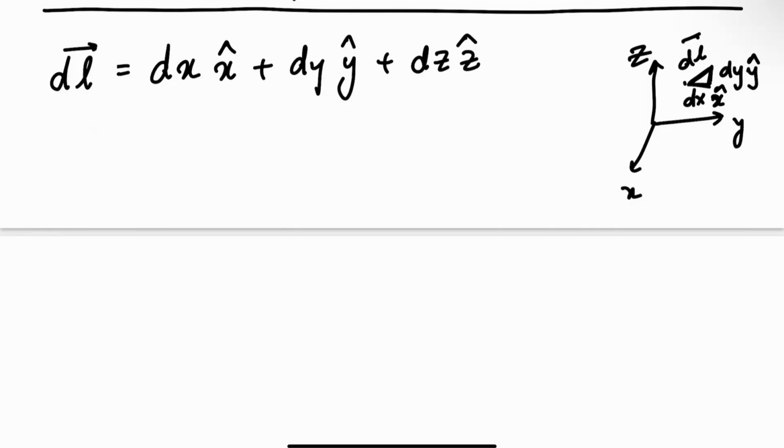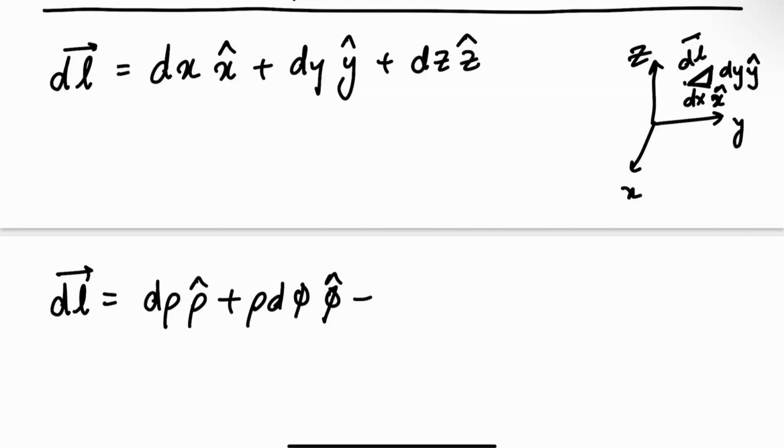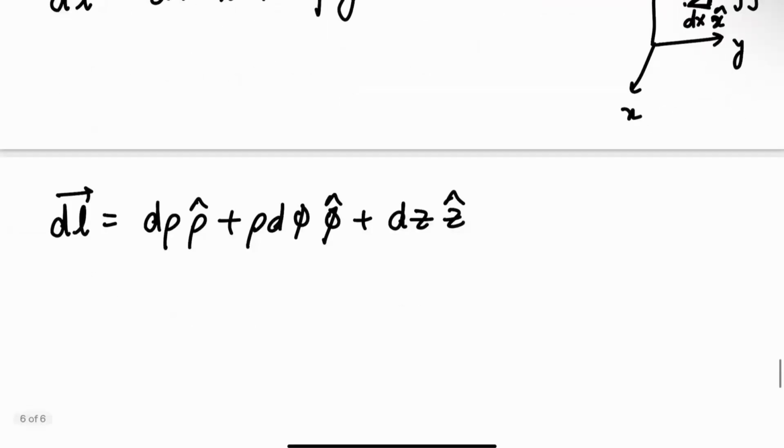Okay, that's in Cartesian. Now in cylindrical polar coordinates, we have d rho rho hat plus rho d phi phi hat plus dz z hat. So what is this? Why is it not just d rho rho hat, d phi phi hat, and dz z hat, right?